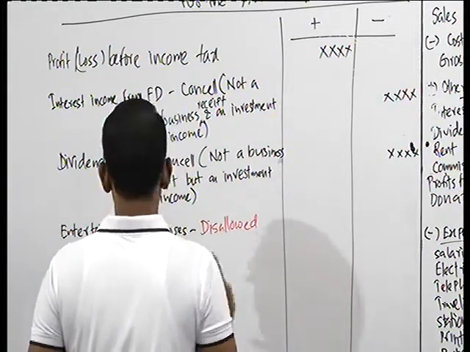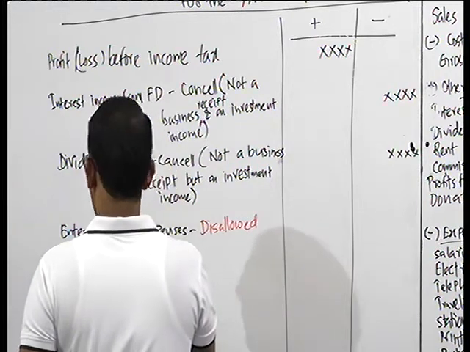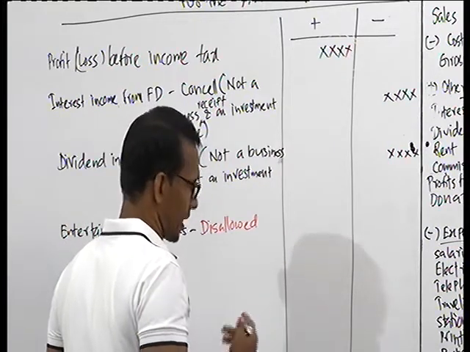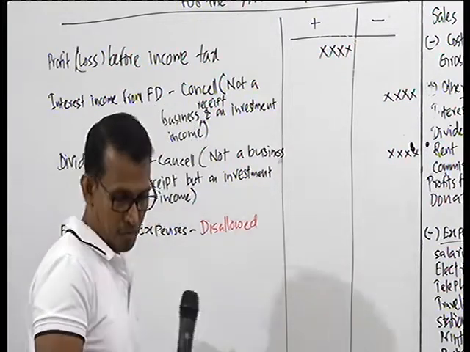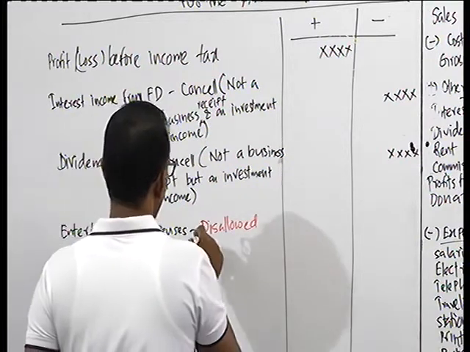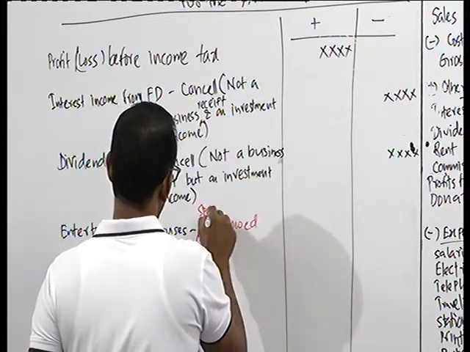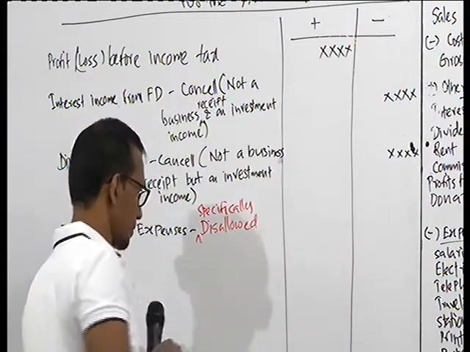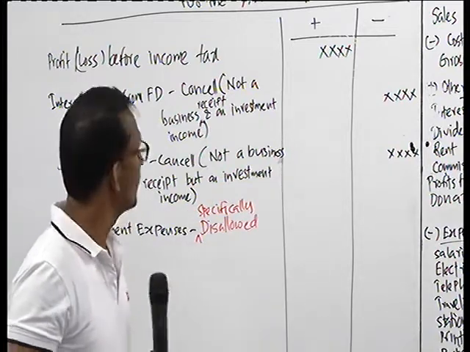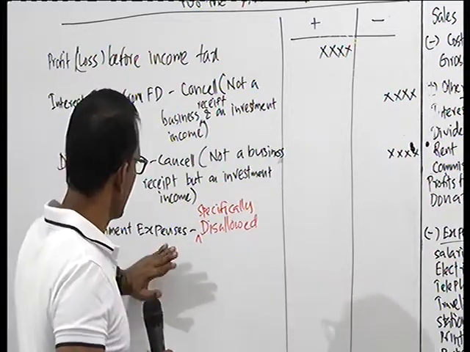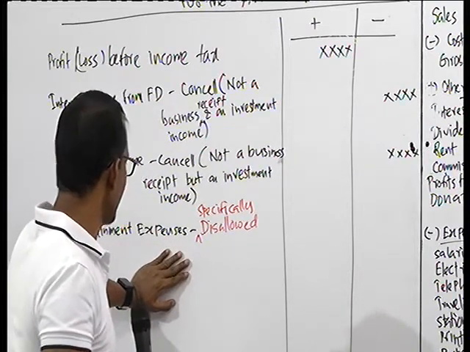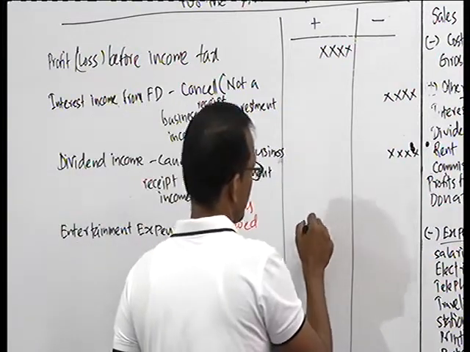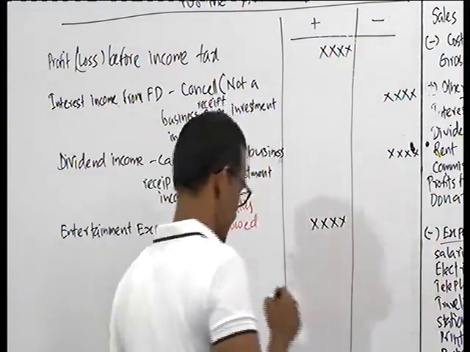The law does not allow you to deduct entertainment expense as an expenditure incurred in the production of income. Disallowed. You can say specifically disallowed, because the law specifically disallows it. So if the law specifically disallows it, then you have to add it back.